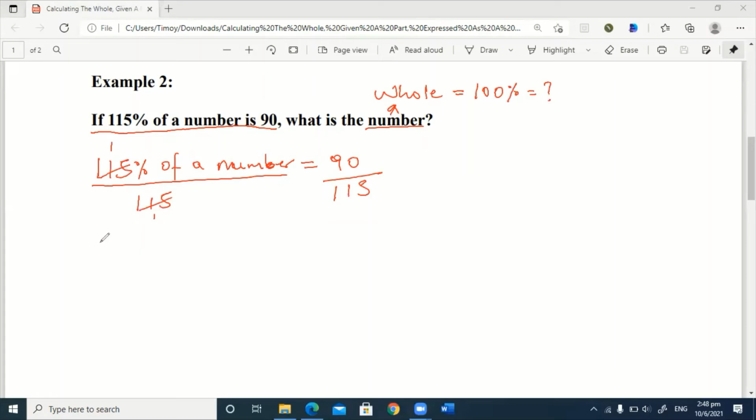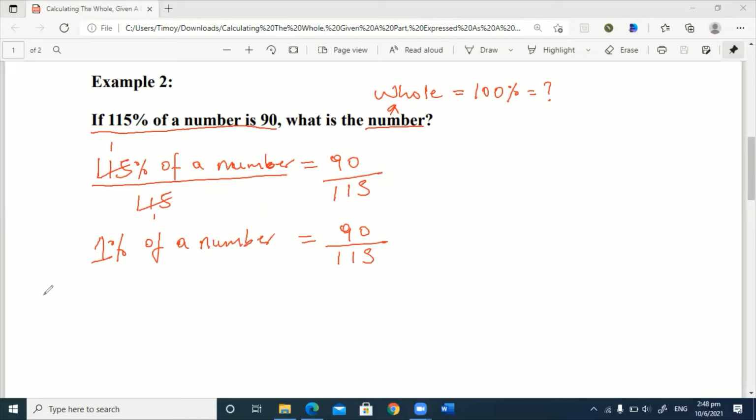So what we'll have in our next line is 1% of a number is going to equal 90 divided by 115.